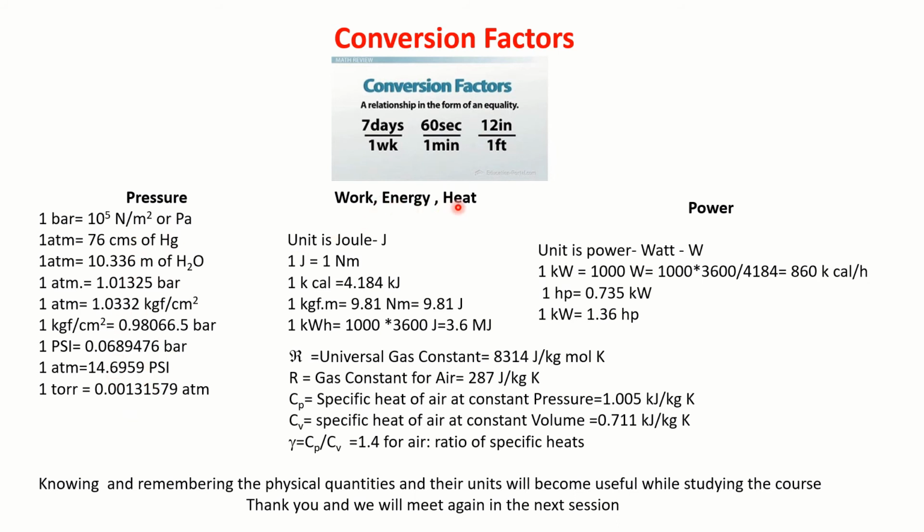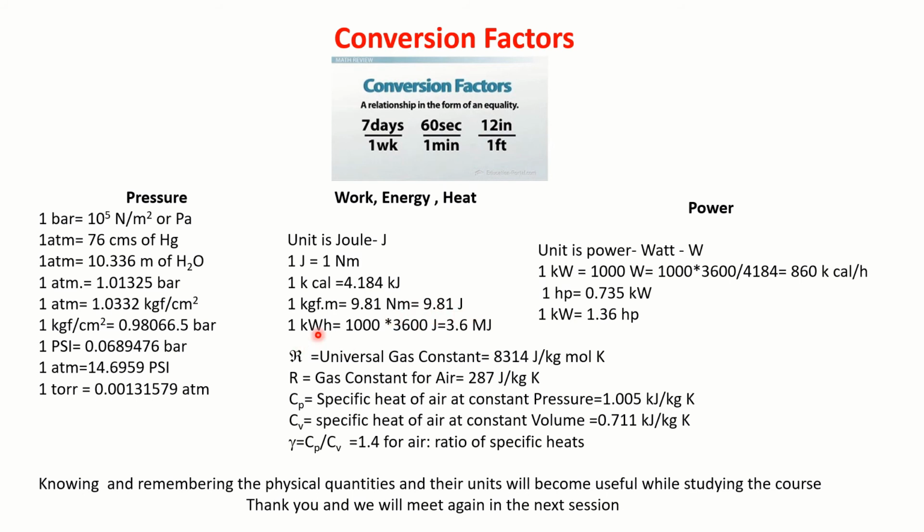Work, energy, heat, all have the same unit, joule. 1 joule is 1 Newton meter. In the MK system, this can be represented by kcal, kilocalorie. 1 kcal is 4.184 kilojoules. In the MK system, 1 kg force meter is 9.81 Newton meter, or 9.81 joule.